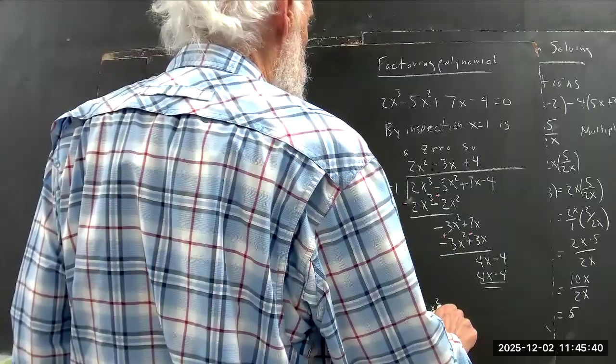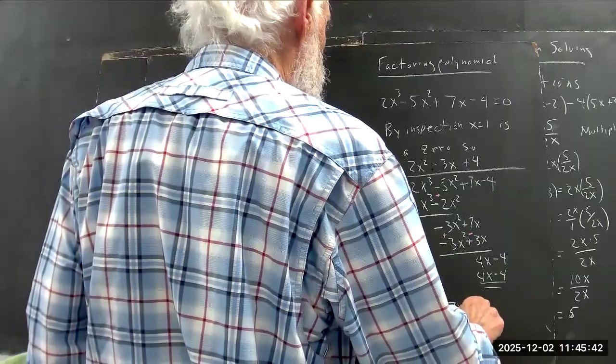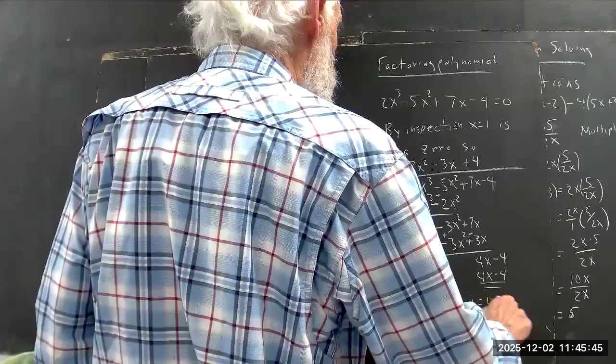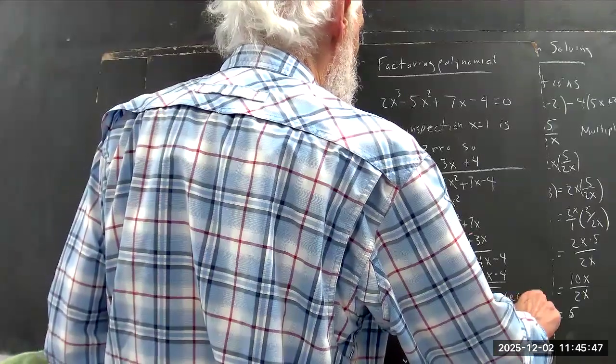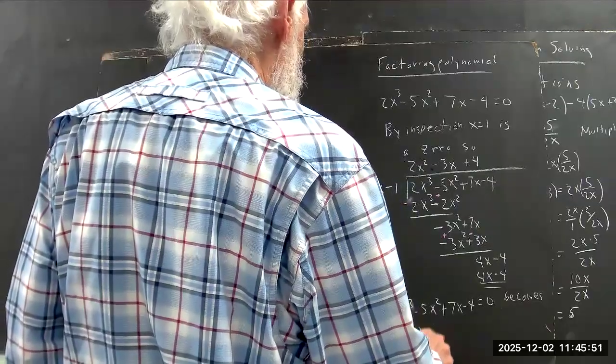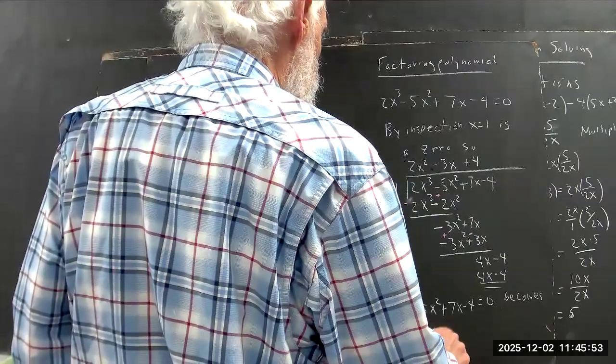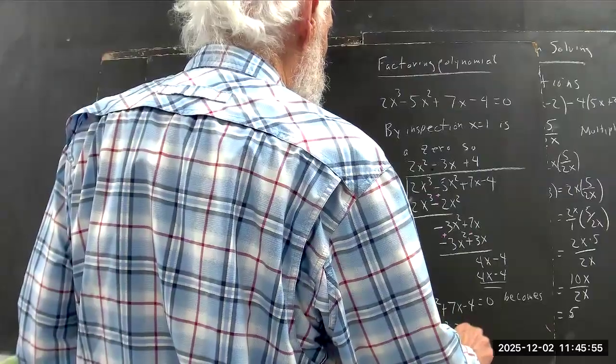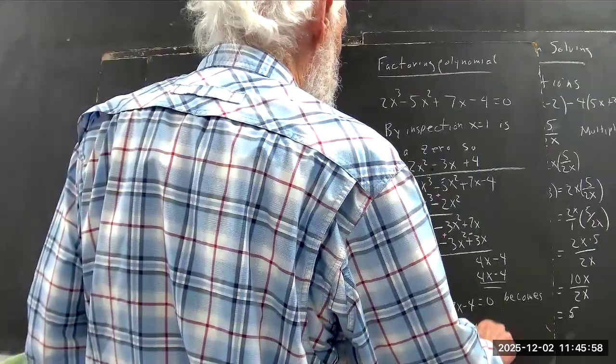That's 2x cubed minus 5x squared plus 7x minus 4 equals 0. It becomes x minus 1 times 2x squared minus 3x plus 4 equals 0.